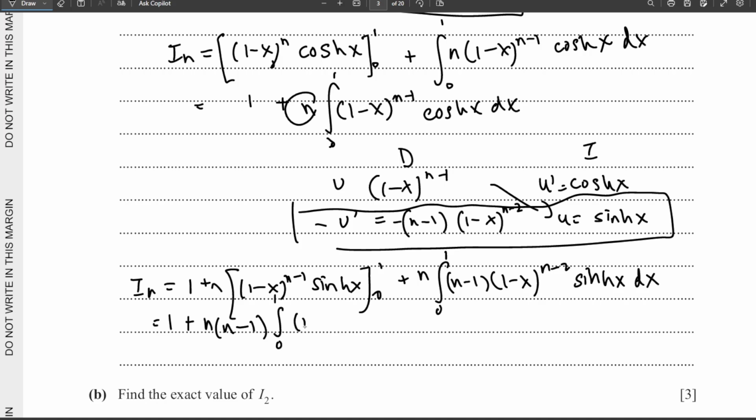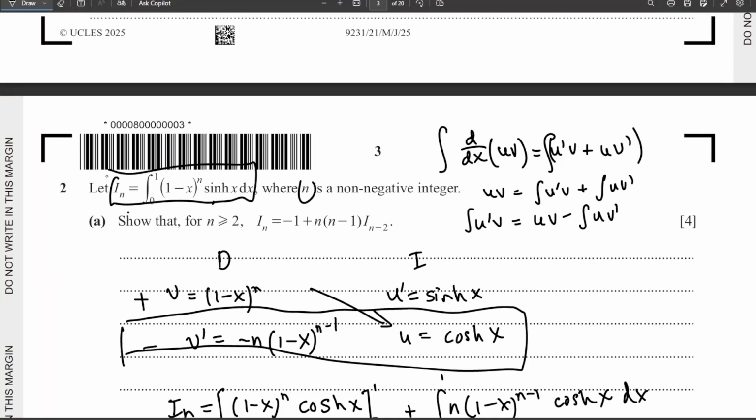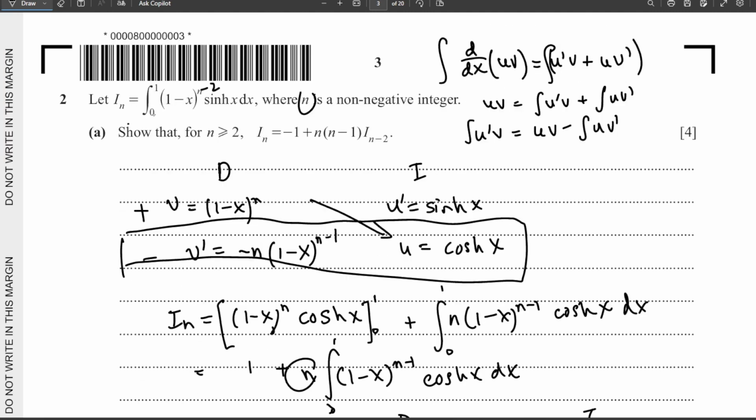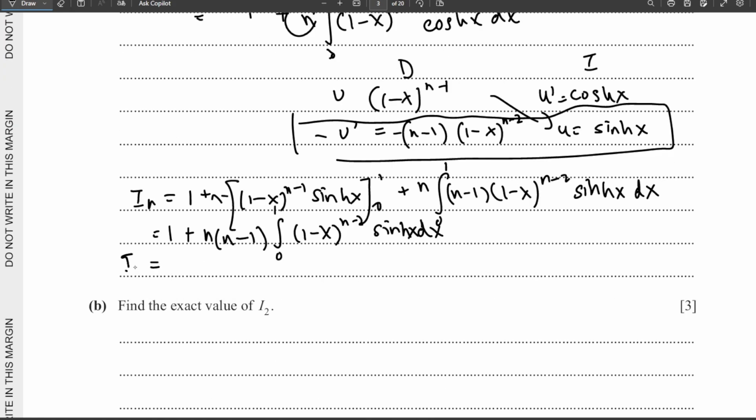And then we have this expression, which, if you look closely, is the exact same as the one that's given to us in I_n. The only difference is that we have a power of n minus 2 here. So this one we can rewrite as I_{n-2}.